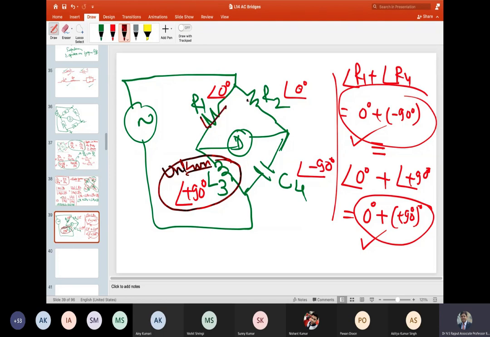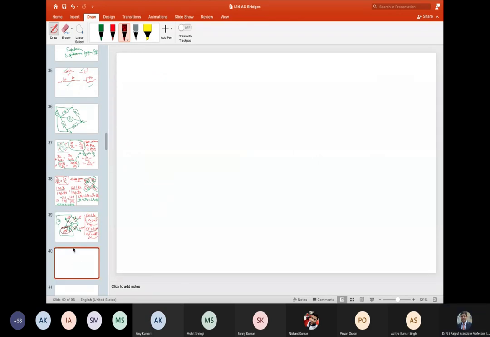Then the other three branches, arms, should be known, right? Interestingly, you can place your unknown measurand at any place on any arm, but the condition is that the other arms should be known. So this is the primary idea of bridges.